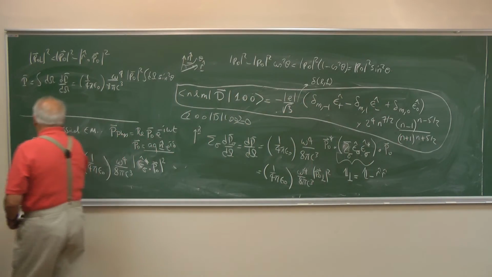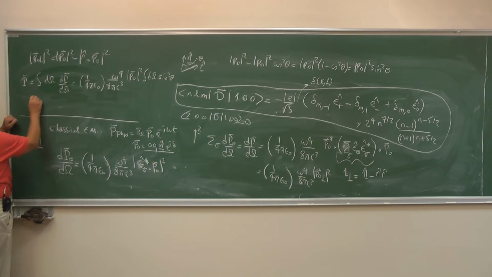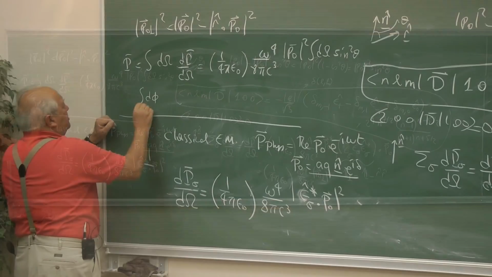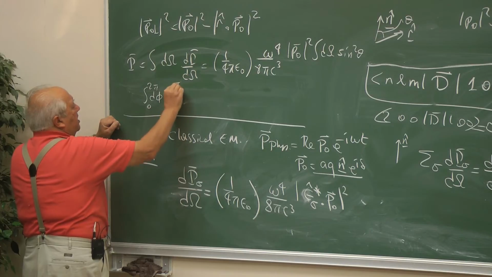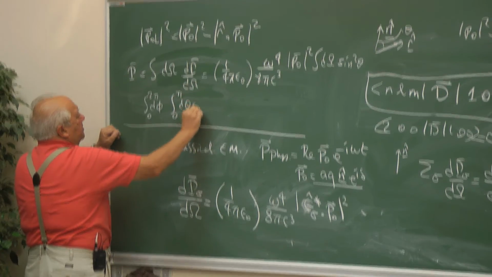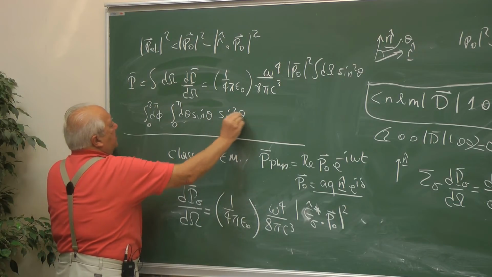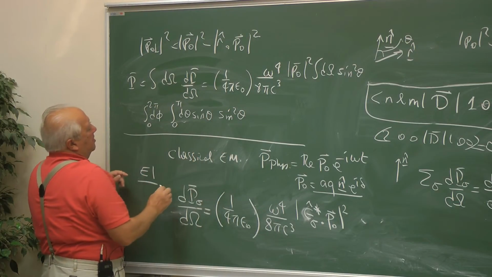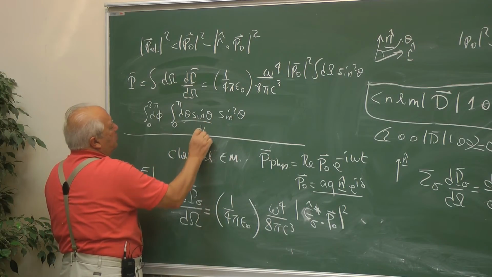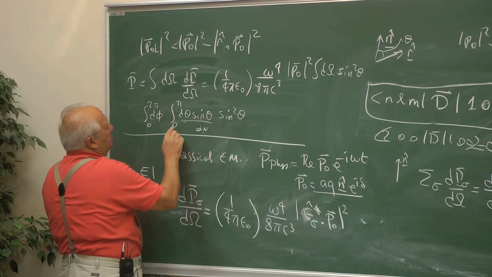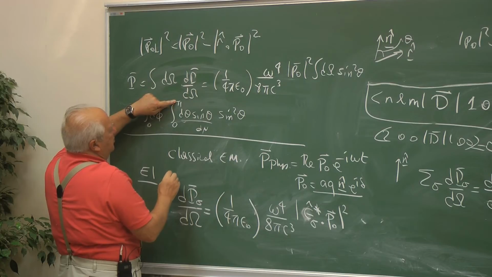So let us take this integral. And it's easy, we can do it quickly. We have a d phi integral from 0 to 2 pi. Then we have the integral from 0 to pi of d theta sine theta sine squared theta. This is d cosine theta, so it is d mu. Integral is from, this is minus d mu, from 1 to minus 1 for cosine theta.